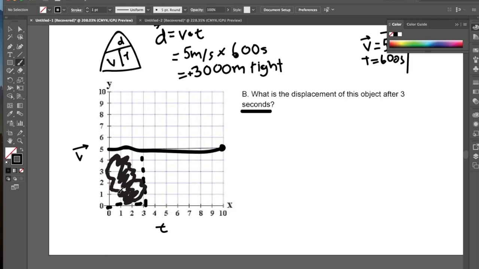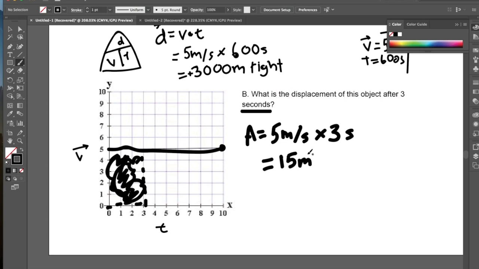This area will be my displacement. This area is 5 meters per second up, times 3 seconds across, which gives me an area of 15 meters. Seconds and seconds cancel out, so the area under this is 15 meters.